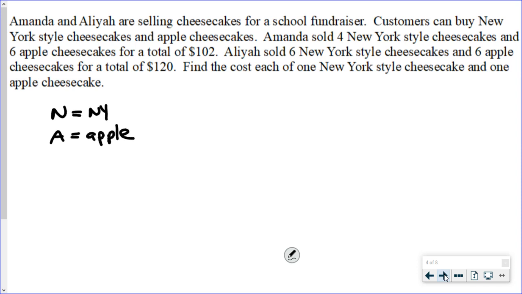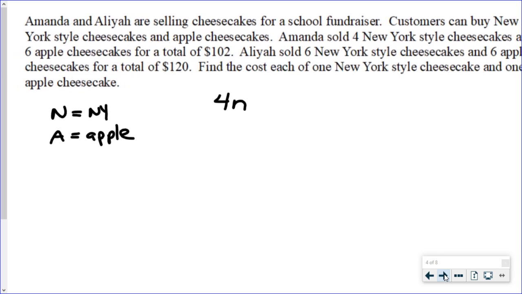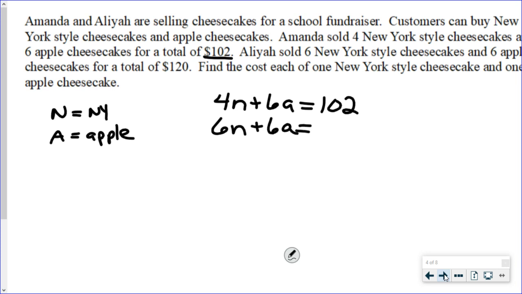Amanda sold 4 New York-style cheesecakes and 6 apple cheesecakes for a total of $102. Aaliyah sold 6 New York-style cheesecakes and 6 apple cheesecakes to make a total of $120.